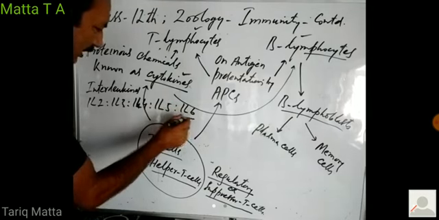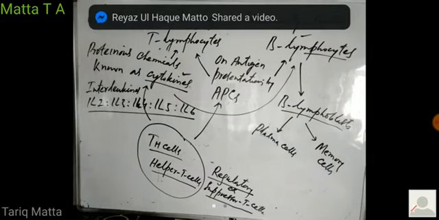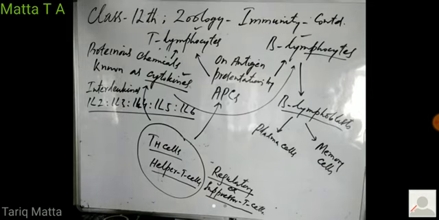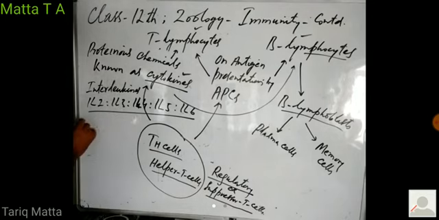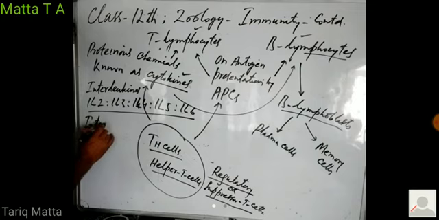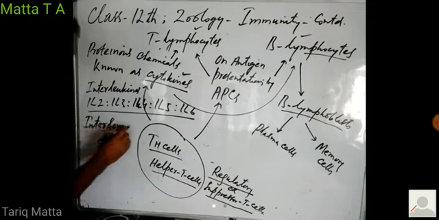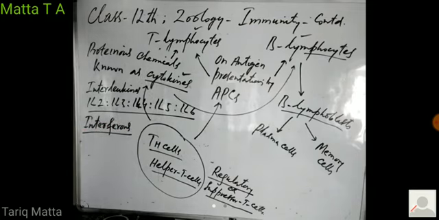So they release different types of interleukins which stimulate the action of the T lymphocytes and B lymphocytes, right? Helper T cells also release interferons. Interferons are the proteins which are used for inactivation of the virus. They do not allow the virus to enter uninfected cells.